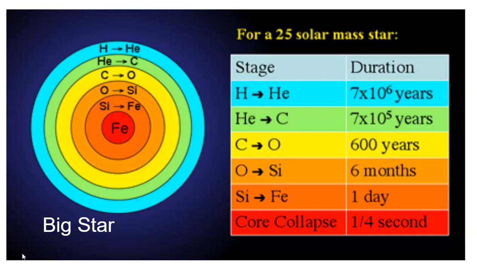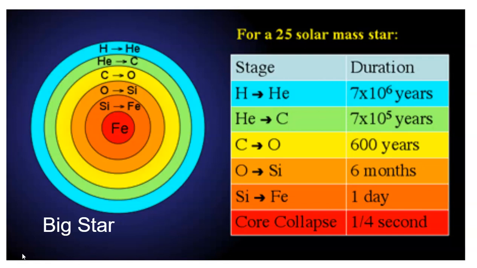So after it starts fusing carbon, its life expectancy shortens dramatically, and it only takes a short time for it to die after that. So carbon to oxygen, it does that for about 600 years, and then it goes to 6 months. And then once it starts fusing iron, it's about ready to die. So we're talking about days, hours until it dies.